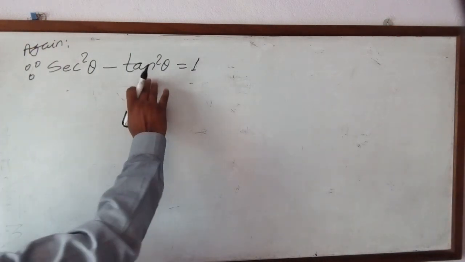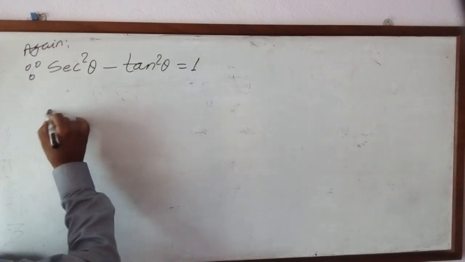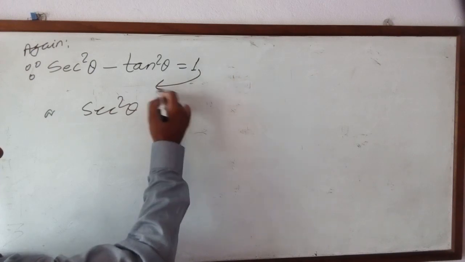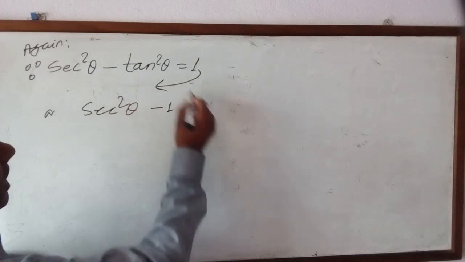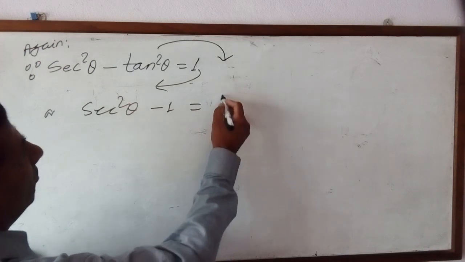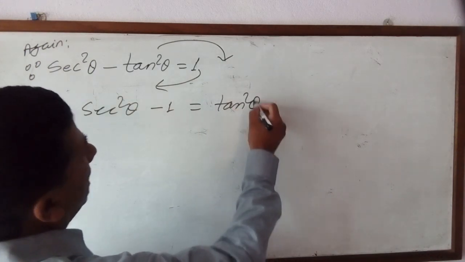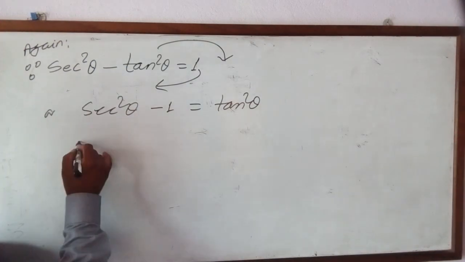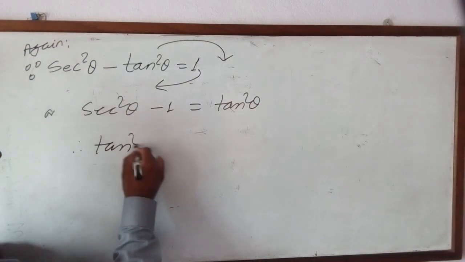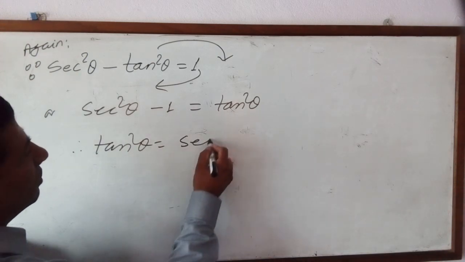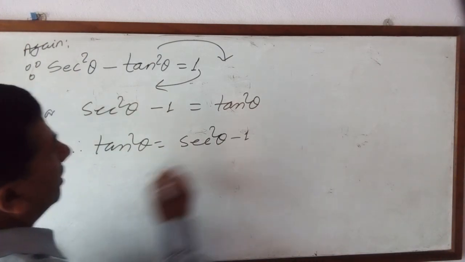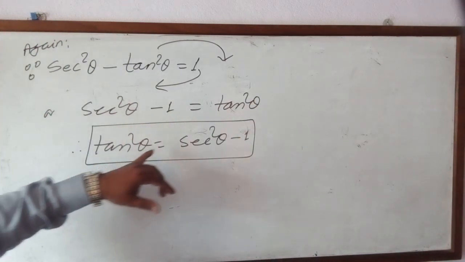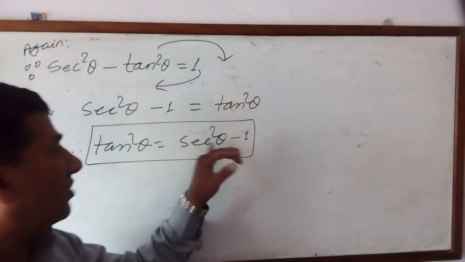Now tan square theta, I'll make it positive, or sec square theta, I'll bring this 1 this side, it will be minus 1, and I'll take this tan square theta that side, it will be plus tan square theta. Okay, sec square theta minus 1 equals tan square theta. Or we can write tan square theta equals sec square theta minus 1. This one is another formula, we can express tan square theta in terms of sec like this, sec square theta minus 1.